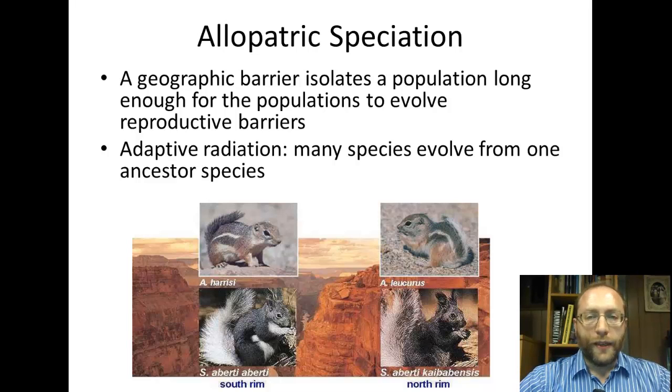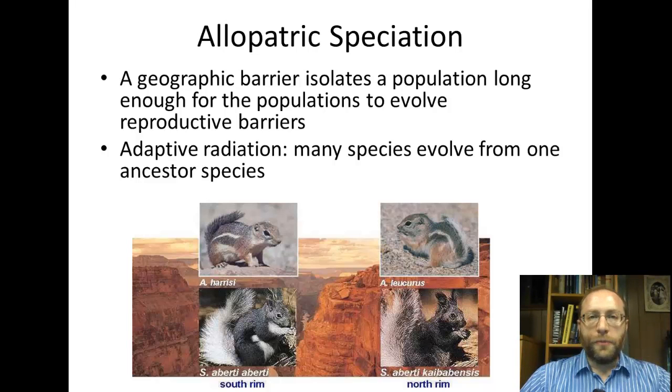The Grand Canyon wasn't always there, so these chipmunks on the top and these squirrels on the bottom evolved from the same species. But once the barrier of the canyon appeared, the populations on the north rim and the south rim could no longer meet each other, could no longer mate, so they evolved along different paths, and the differences became enough that they became different species.